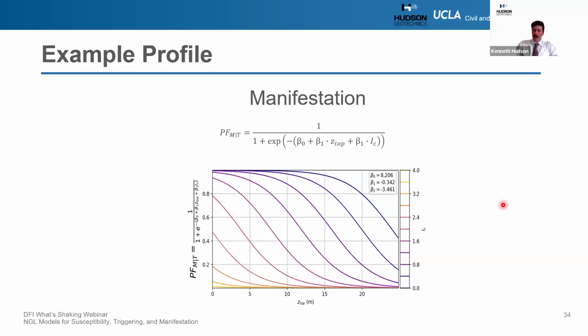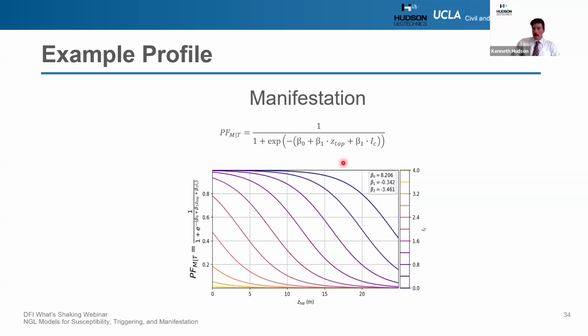And we tried out lots of different models for this in our regressions. But what we settled on was a fairly simple model that just takes into account the depth of the target layer and the I sub C of that layer as a proxy for hydraulic conductivity and how much ejecta it might produce.